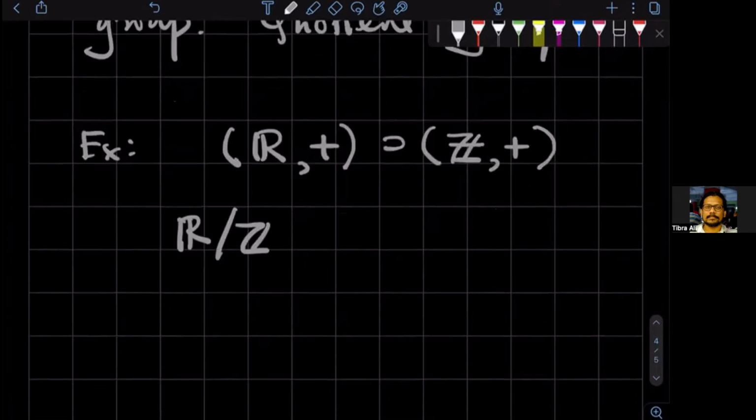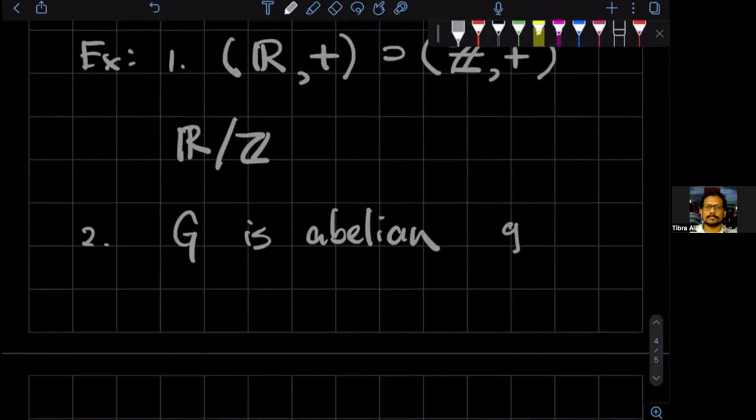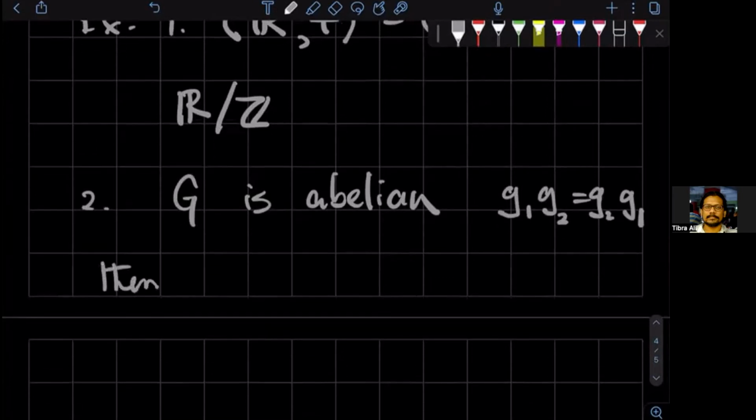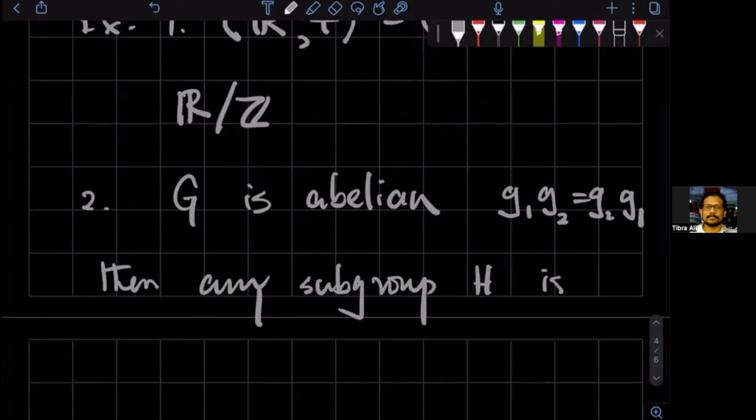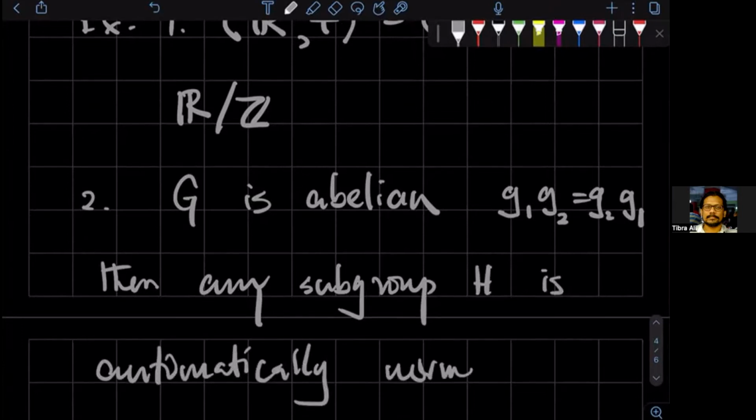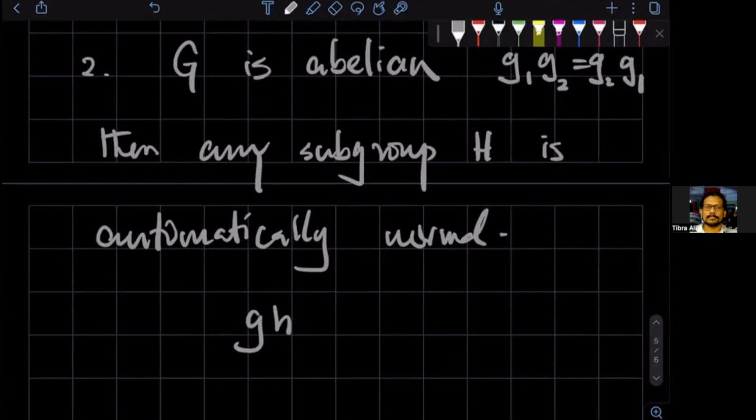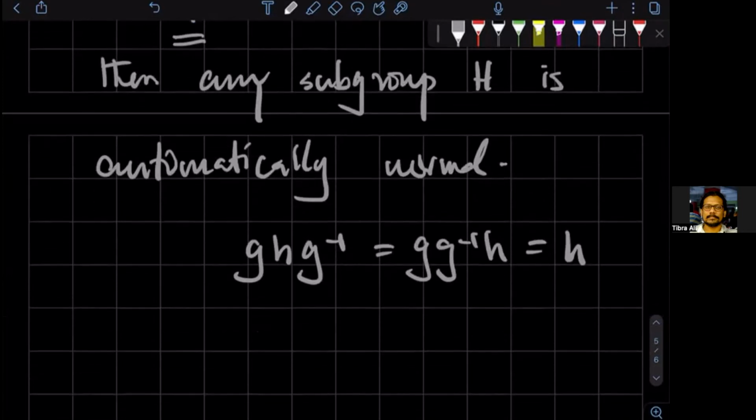And the other comment I think is relevant for this is that if G is abelian, meaning that all its elements g1 and g2 commute, then any subgroup H is automatically normal, because if I have g inverse, because G is abelian, that means that this is equal to g inverse g H, which is H, which satisfies the condition that H is normal.